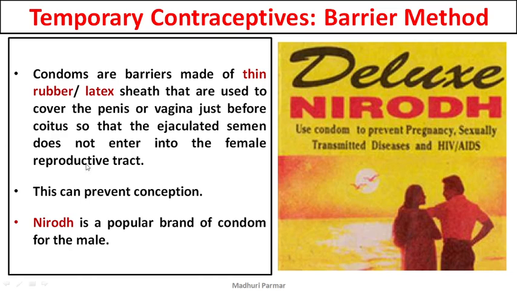After ejaculation, the semen will be contained within the condom, so it will not be able to reach the female reproductive tract. So this can prevent conception. Nirodh is a popular brand of condoms, of course, because it is manufactured by the government. You may have seen advertisements for other popular brands of condoms also.